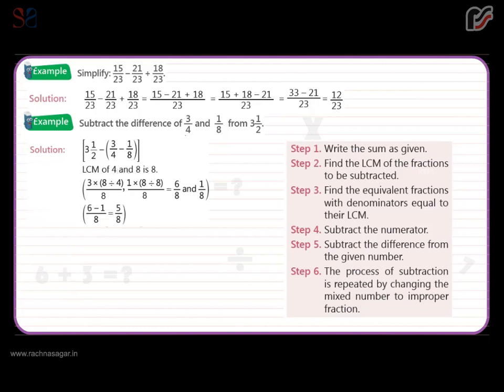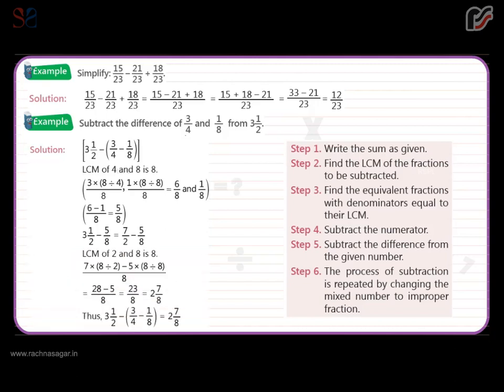Step 4. Subtract the numerators: (6 minus 1) upon 8 is equal to 5 upon 8. Step 5. Subtract the difference from the given number: 3 1 upon 2 minus 5 upon 8 is equal to 7 upon 2 minus 5 upon 8. Step 6. The process of subtraction is repeated by changing the mixed number to an improper fraction.